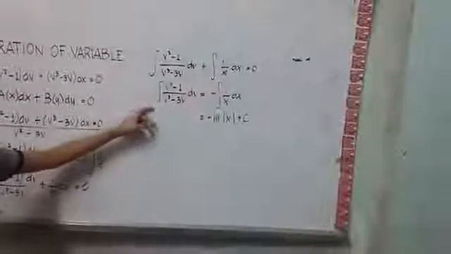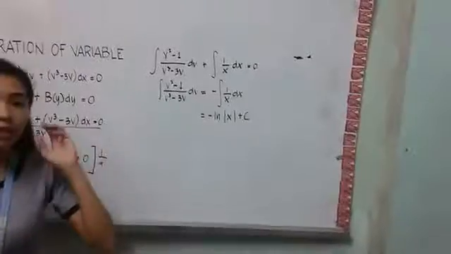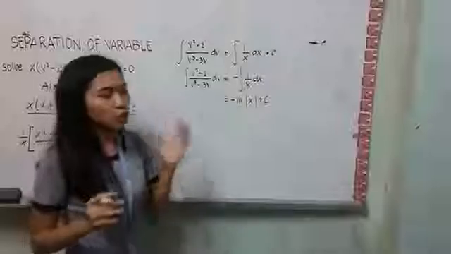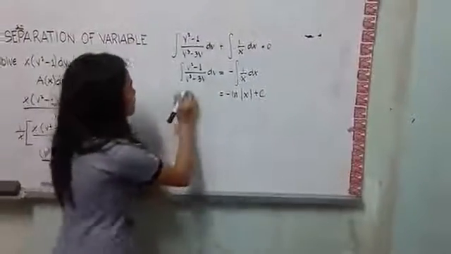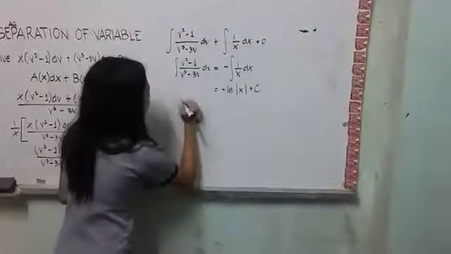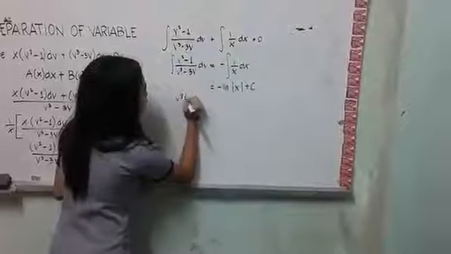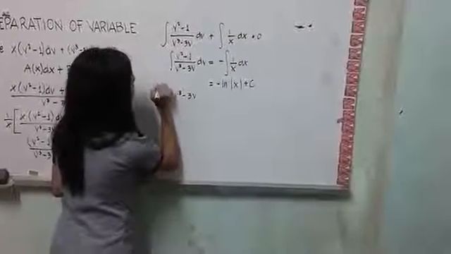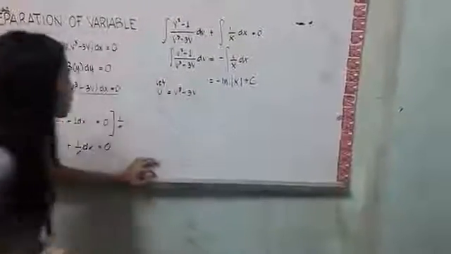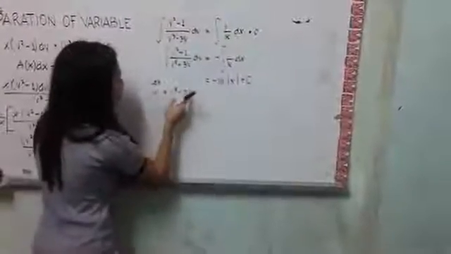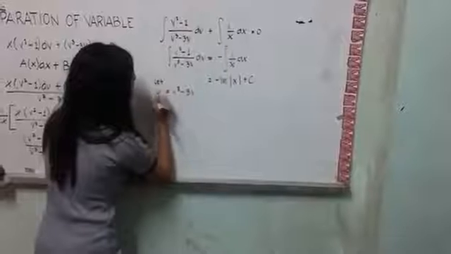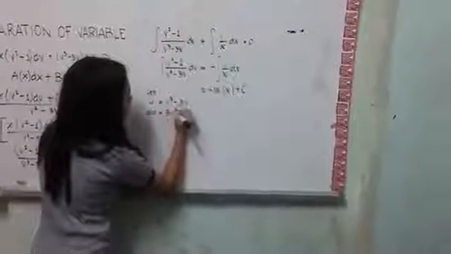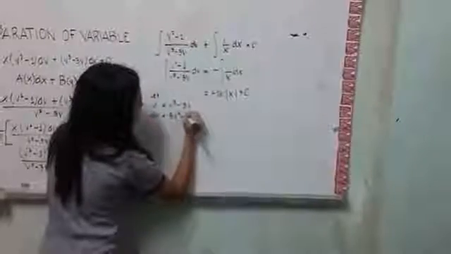So here, this equation cannot be easily integrated, so we will use substitution. Let v cubed minus 3v equal u. So the derivative of this equation is 3v squared minus 3.